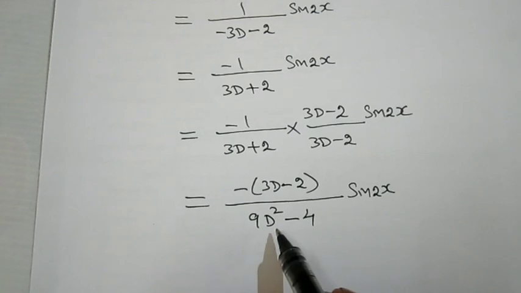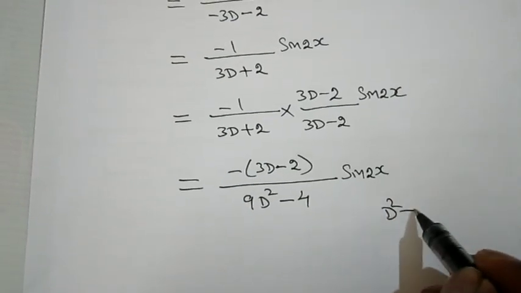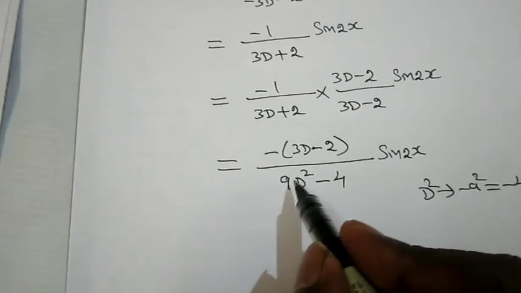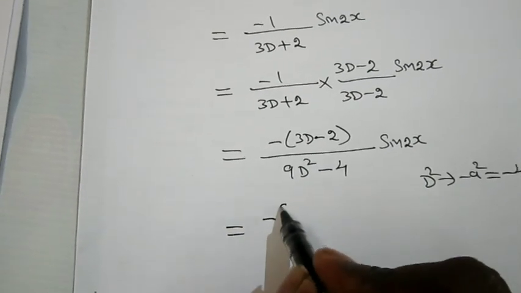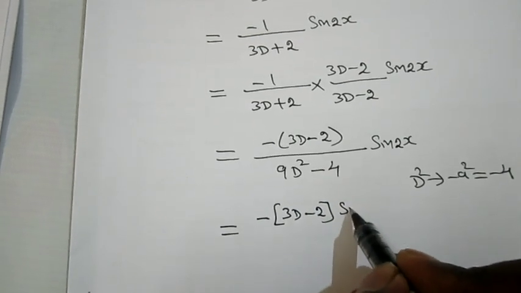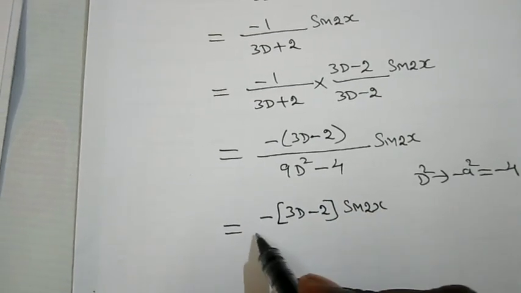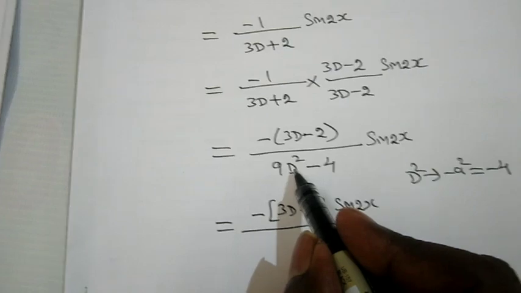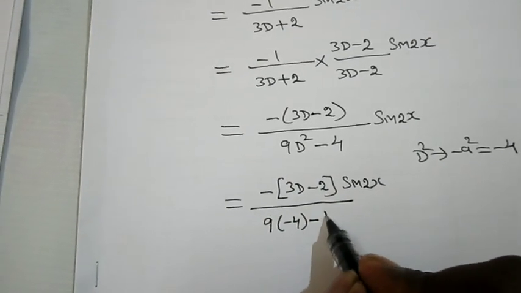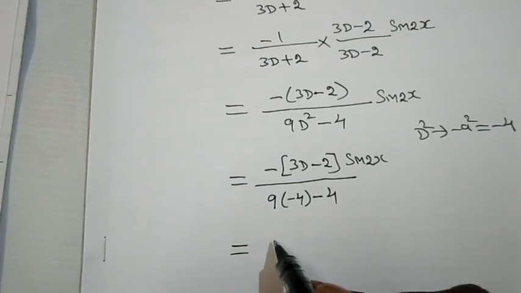Again we have denominator in d², so d² is replaced by minus a², so it is minus 4. So replacing here: minus (3d minus 2) into sin 2x divided by, replacing d² by minus 4, 9 into minus 4 minus 4. So what is the value?